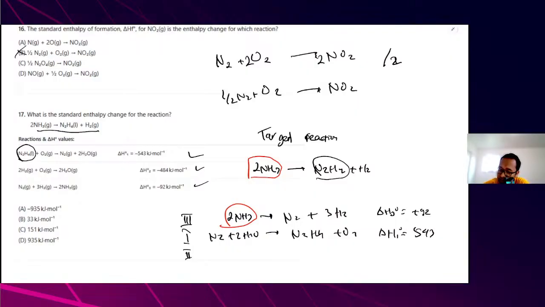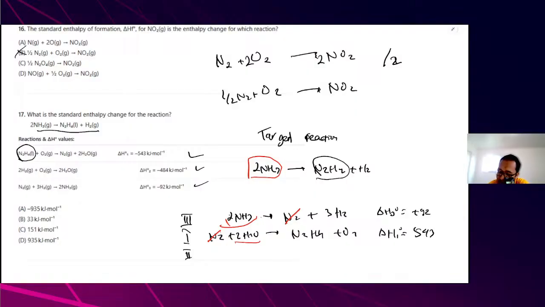So let's do the third and then the first one, and delta H3, so we can cancel out this one with this one. Okay, we have a clue here, H2O. We need to cancel out the H2O because there is no H2O in the target reaction.